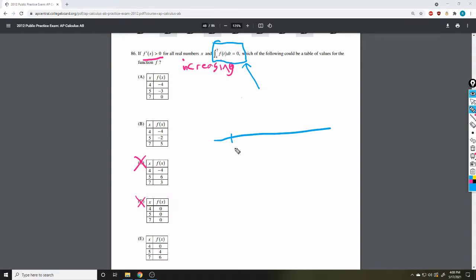So if this is 4 and this is 7, then I need a situation like this, where this area cancels out with this area to make the integral 0. And so the only one that starts below and ends above so that the areas can cancel is B. That one's a trickier one.